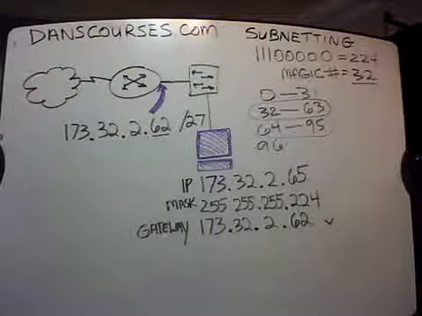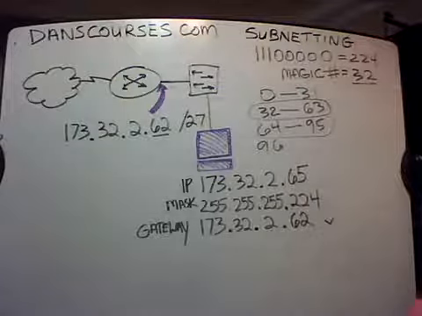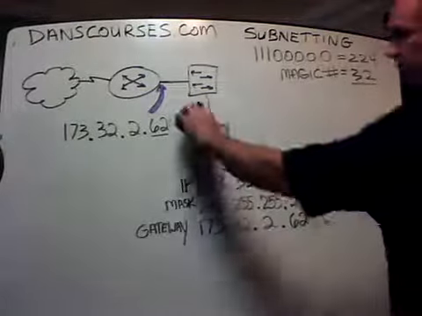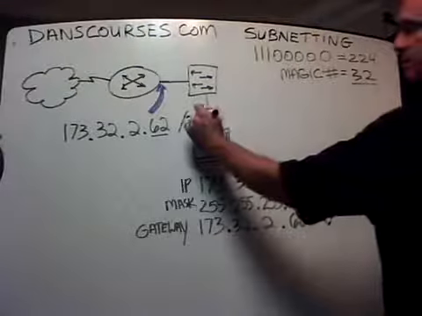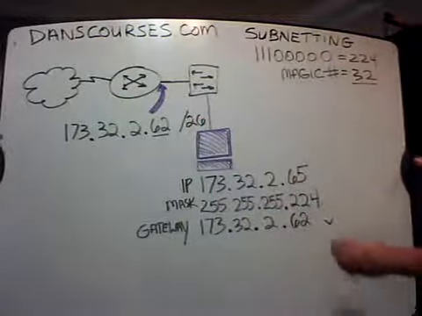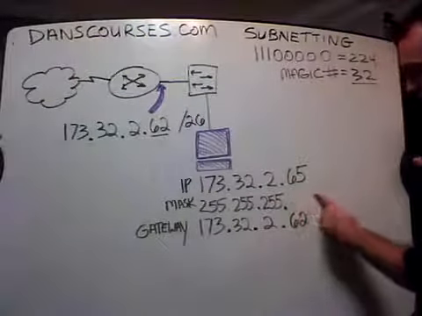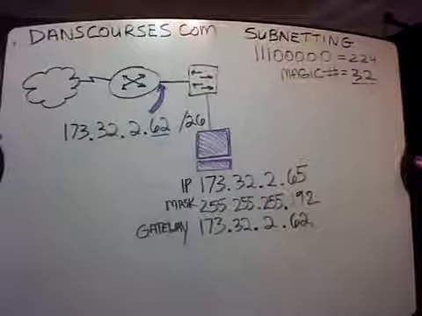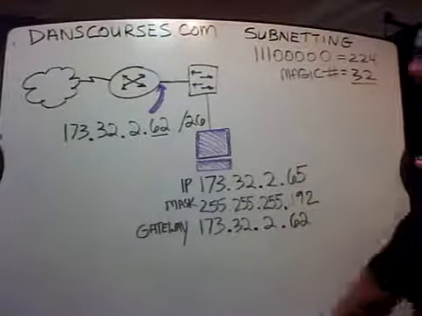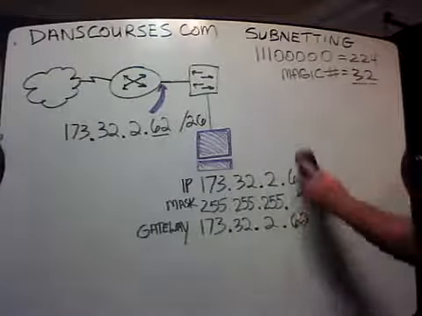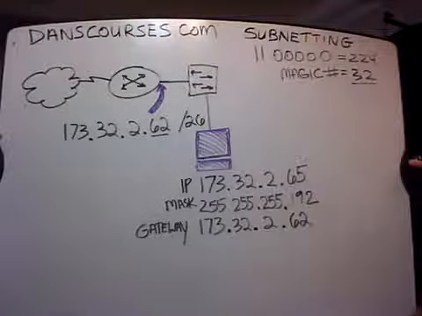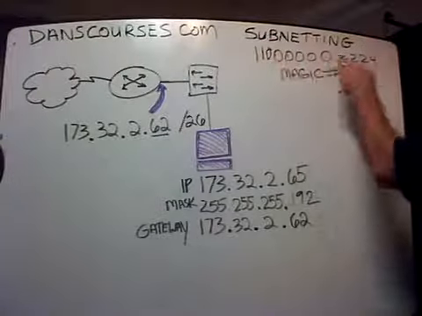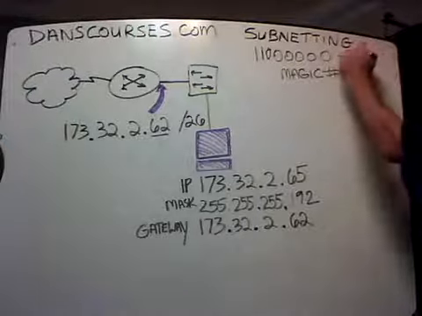Always, always, always. If we change the scenario and make this a /26, and make this a 192 in the last octet, you would have 2 ones and then 6 zeros, which equals 192 in decimal.